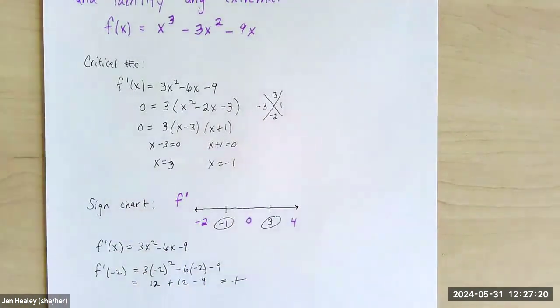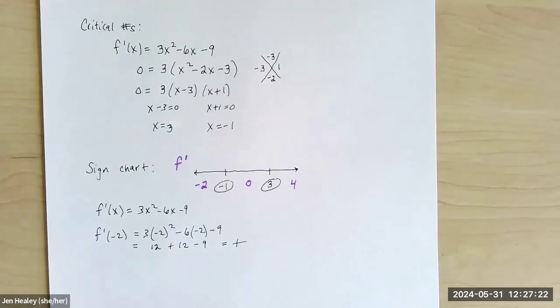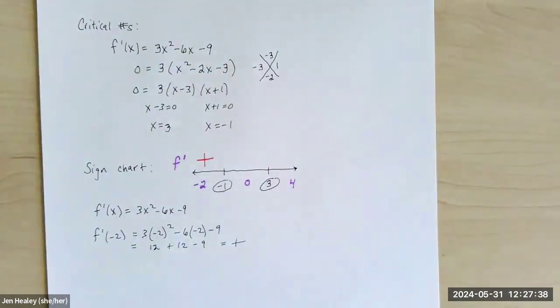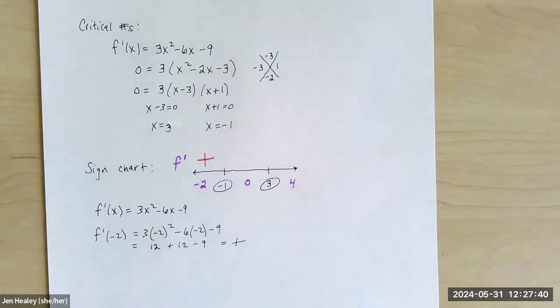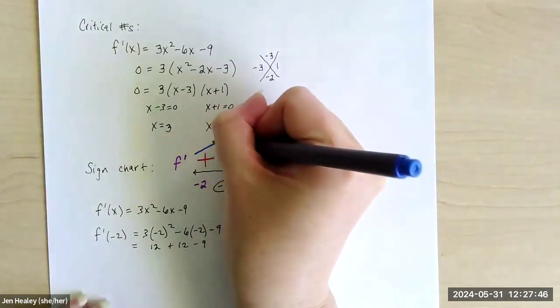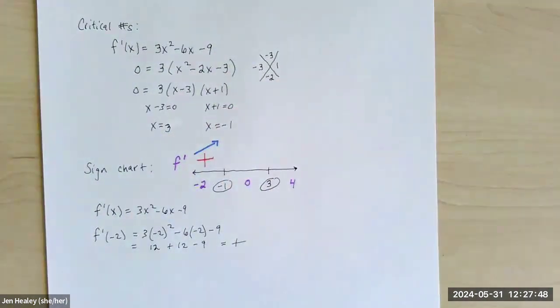I don't even really care what the number comes out to be, but I do care that 12 plus 12 minus 9 should be something positive. We don't need the actual number. I just need that in this region we have positive slopes. And because we have positive slopes, that means the function is going to be increasing in that region.